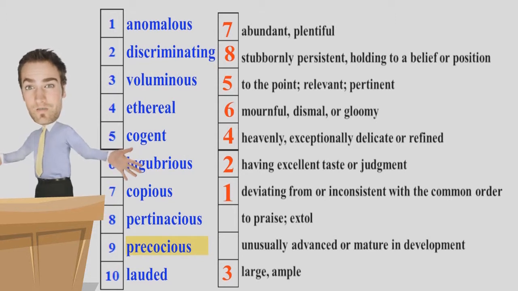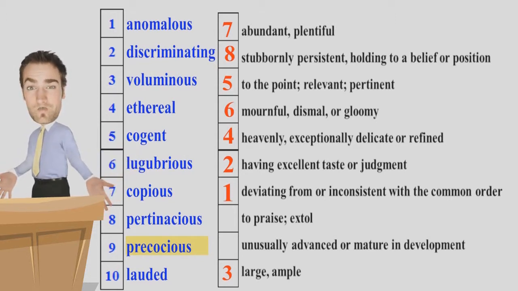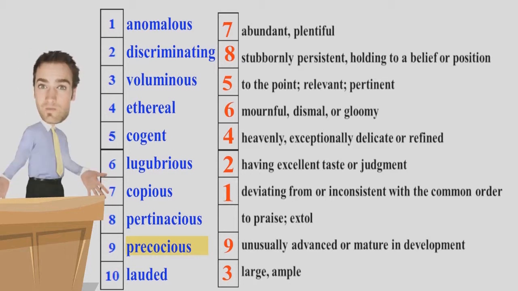So it generally refers to somebody who's very young that does something very, very well. It's a precocious child. You'll hear that together all the time, those words, precocious child. The word comes from a Latin root meant to ripen, and that sort of makes sense. You ripen, you become wiser, older.